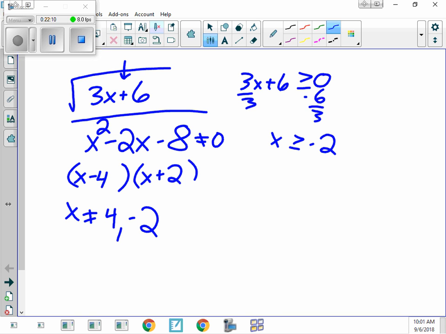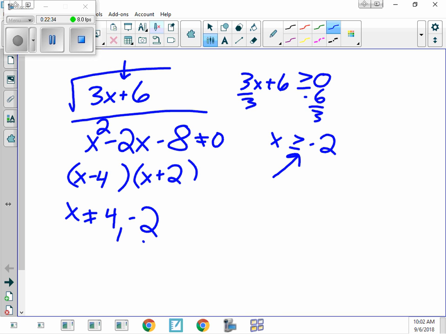Okay? Now I have to put those two domains together. Right. This one says x has to be greater than or equal to negative 2, and this one says x cannot be negative 2. Who wins? The not equal to wins.